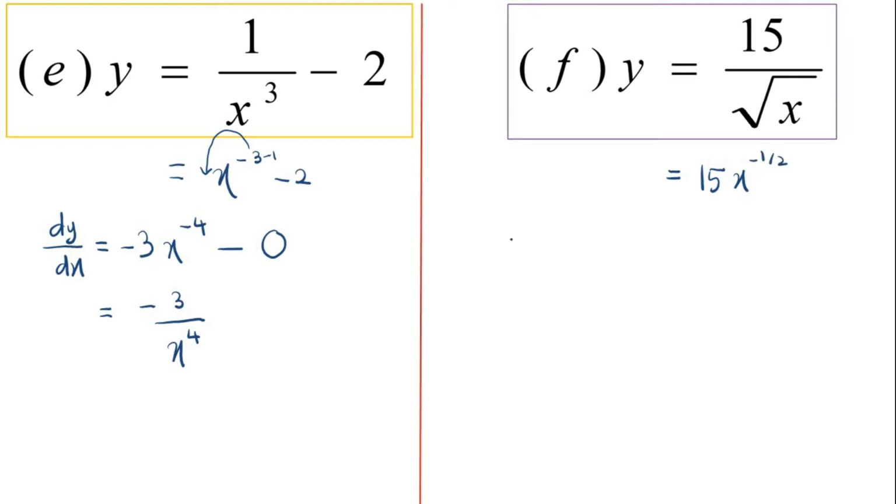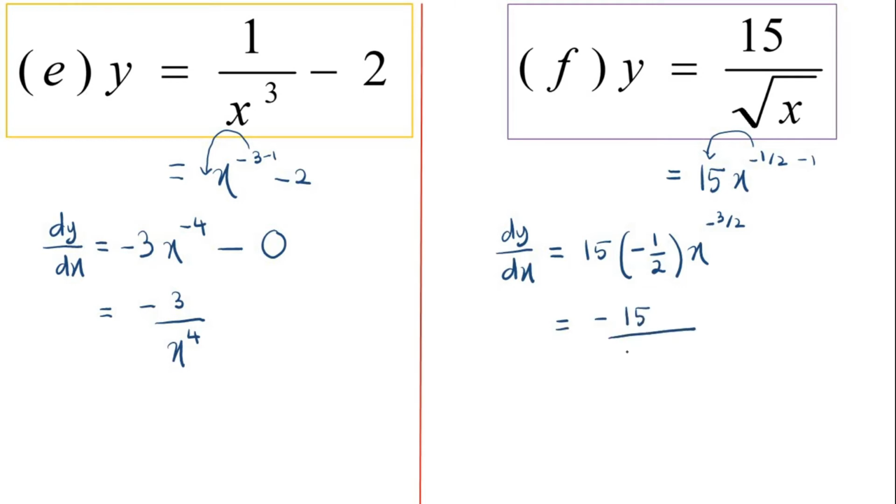So the derivative of this, our dy dx, will be equal to, following once again the same rule, bring your power to the front, power minus 1, we will have 15 times negative half times x to the power of negative 3 over 2. So our final answer here would be negative 15 divided by 2x to the power of 3 over 2.